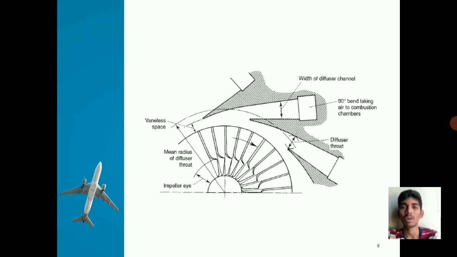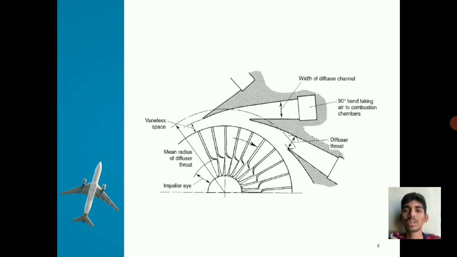Now I will discuss the topic in which, in the centrifugal compressor, the pressure is increased. It consists of two components called the stator and the rotor. First, the stator. The free stream air possesses two components: one is static pressure and the second is kinetic energy.